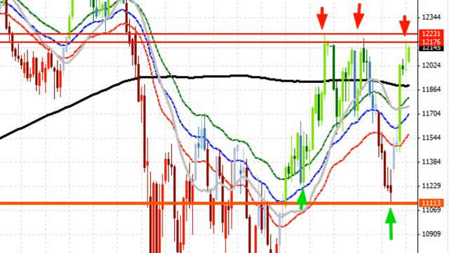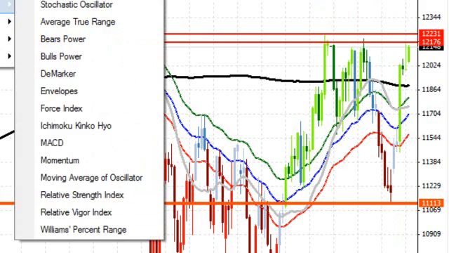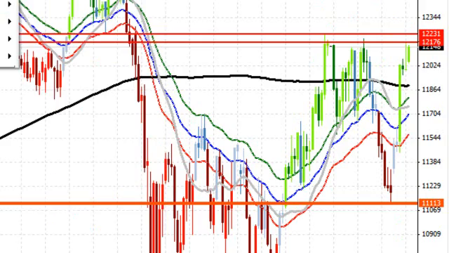What that means is, as we head up higher into this resistance area, since that's the area in play, what I like to do is go ahead and activate the stochastics.